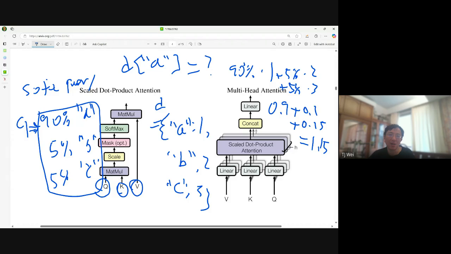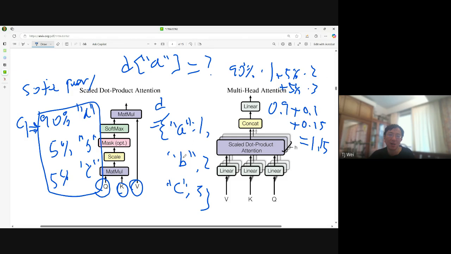But we still need to figure out how we actually do the mechanism. But before that, what is the benefit of a soft query? The key is that we will always have an output, even though our query does not exactly match. We can still have an output.